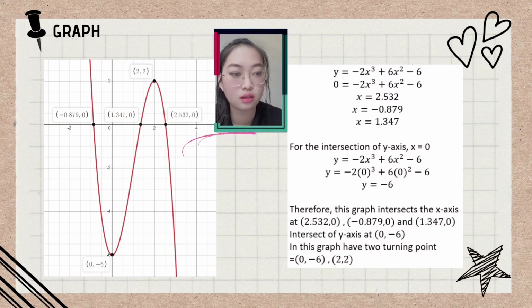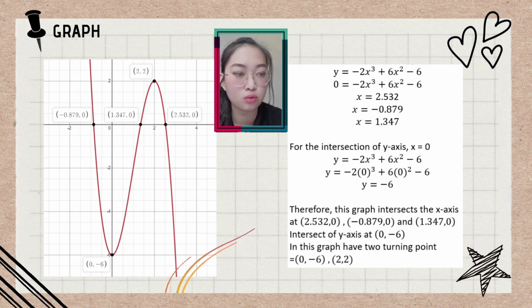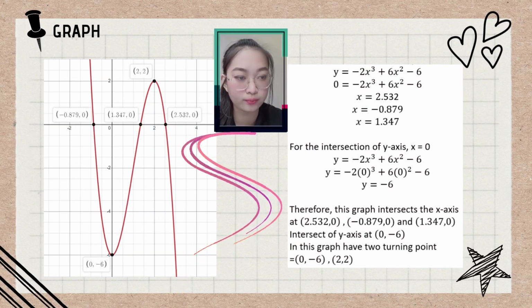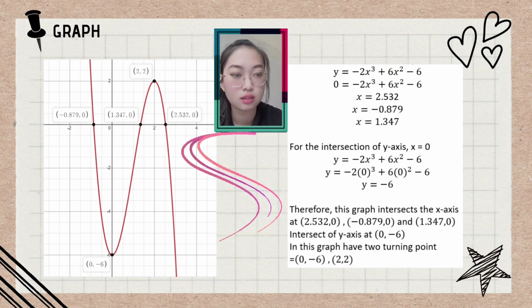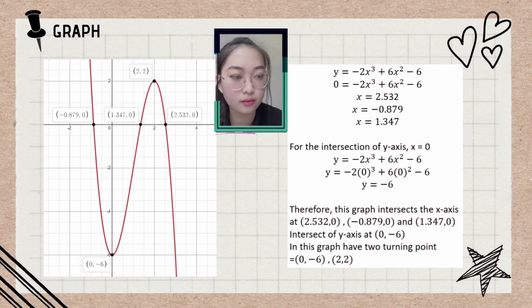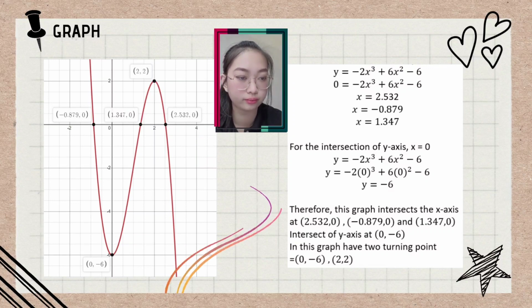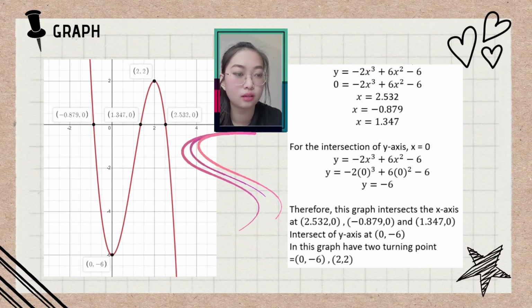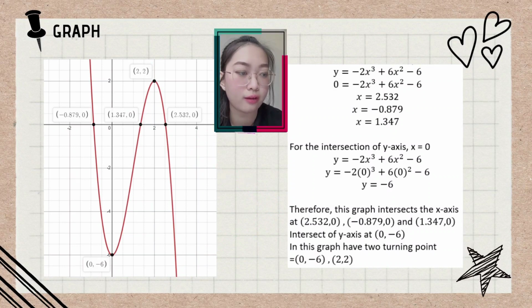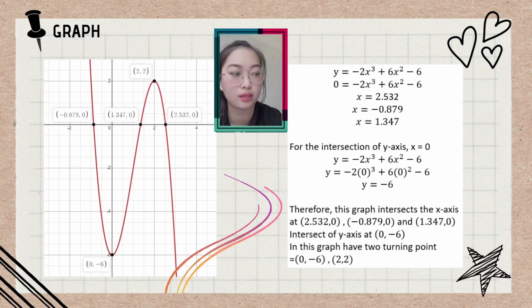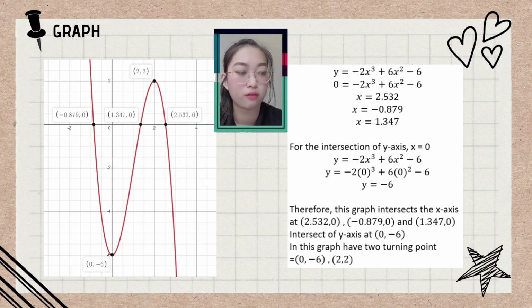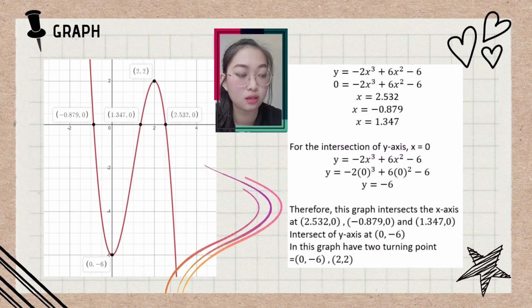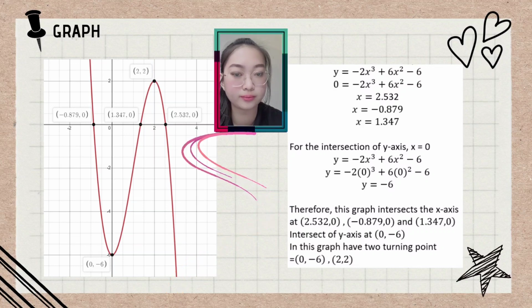The first x-intercept is 2.532, the second is negative 0.879, and the third is 1.347. Therefore, in this graph we have three x-intercepts and one y-intercept. Based on the turning points and the intersections of the x-axis and y-axis, we can sketch the graph now.